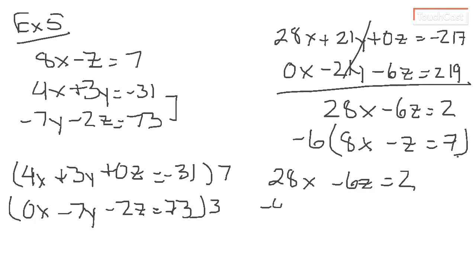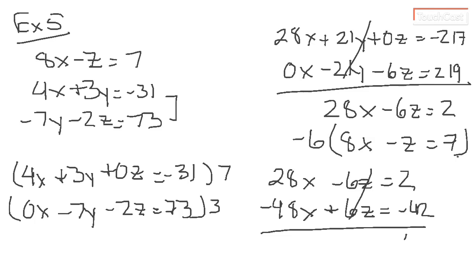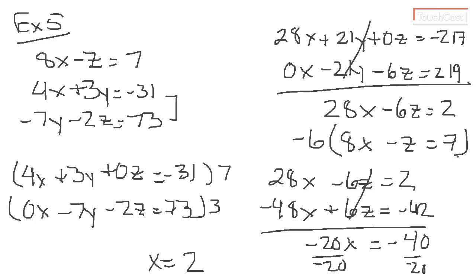Then we've got negative 48x plus 6z equals negative 42. My z terms are going to cancel out. We're going to get negative 40 on the right. If I combine my x terms, we're going to get negative 20x. So if we divide by negative 20, we're going to find that x is equal to 2.